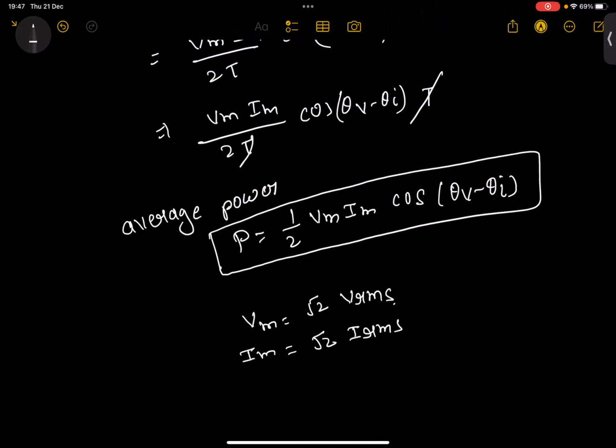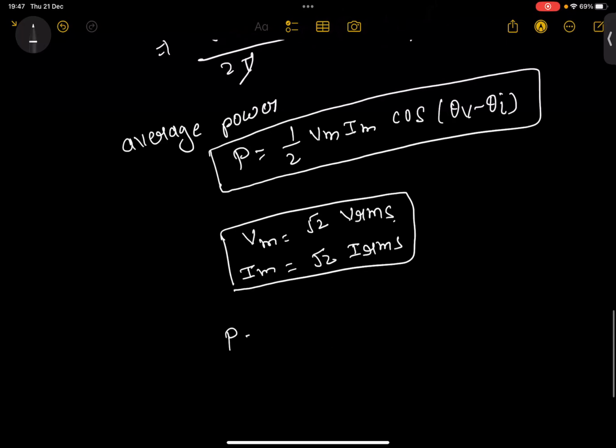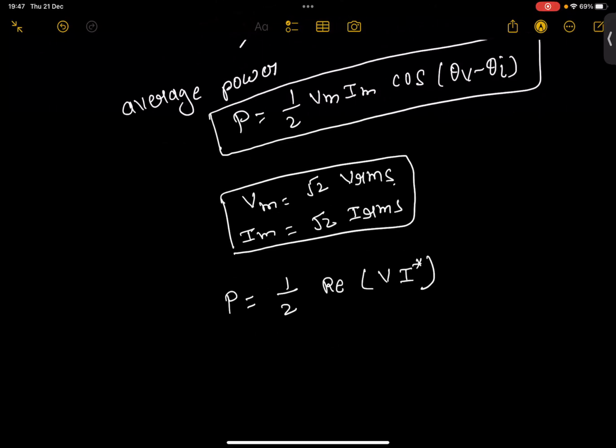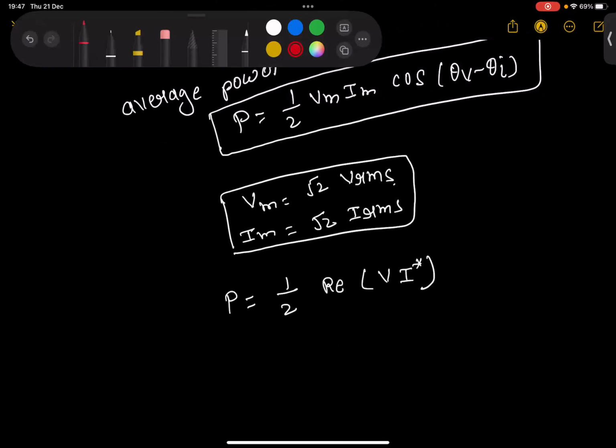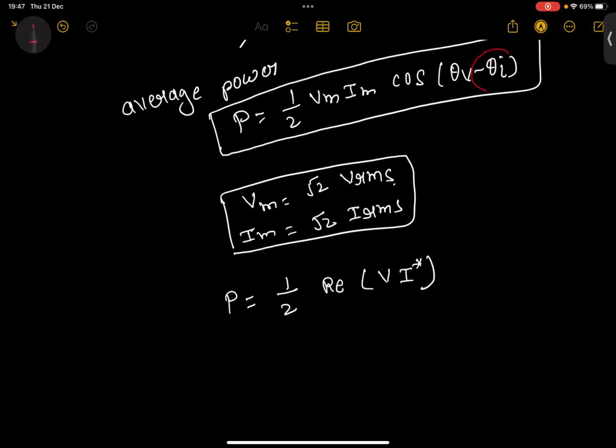Remember this also. So average power P is equal to 1 by 2 real part of V I conjugate. Why conjugate? Because here the angle is minus theta I. That's why I am putting the conjugate here.